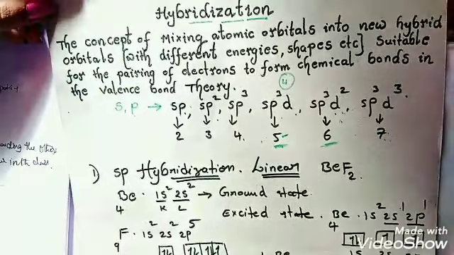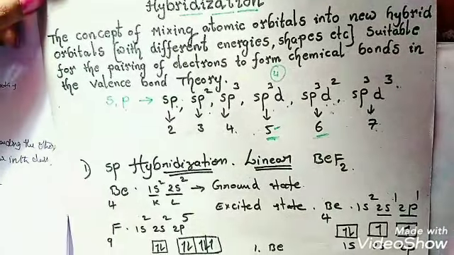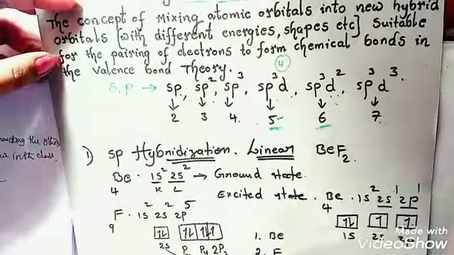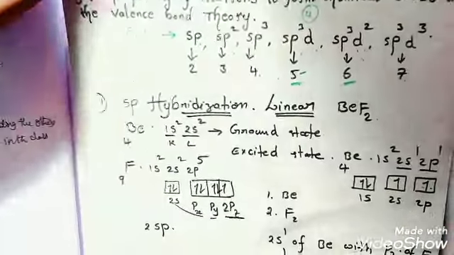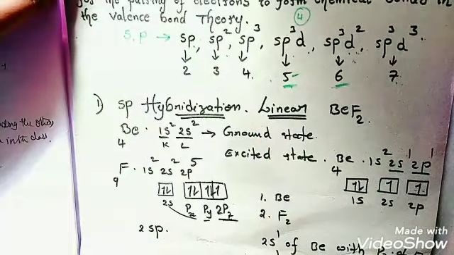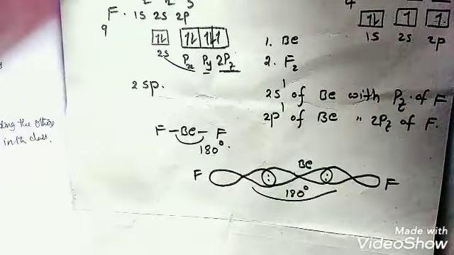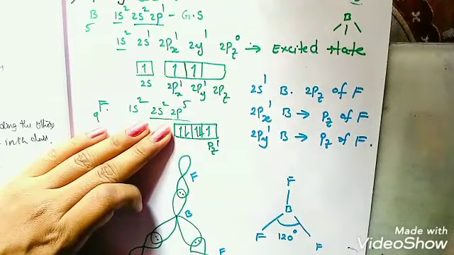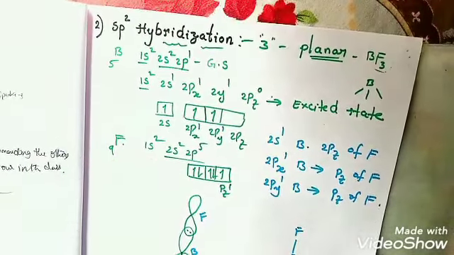Let's recall the concept what we have learned now, hybridization definition and those types, and finally hybrid orbitals, how many can be formed, and students, sp hybridization, linear structure, and its examples also we have learnt, and students, sp2 the structure.